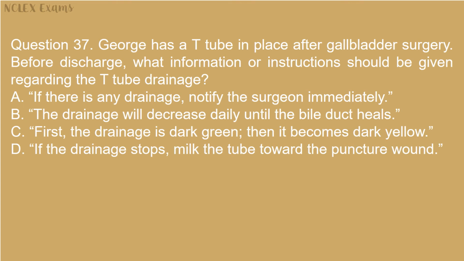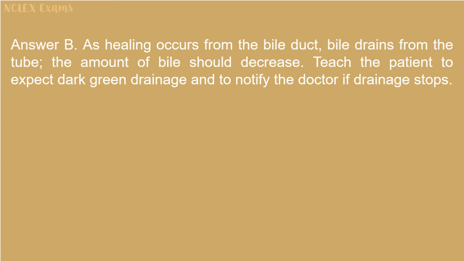D. If the drainage stops, milk the tube toward the puncture wound. Answer B. As healing occurs in the bile duct, bile drains from the tube, and the amount of bile should decrease. Teach the patient to expect dark green drainage and to notify the doctor if drainage stops.